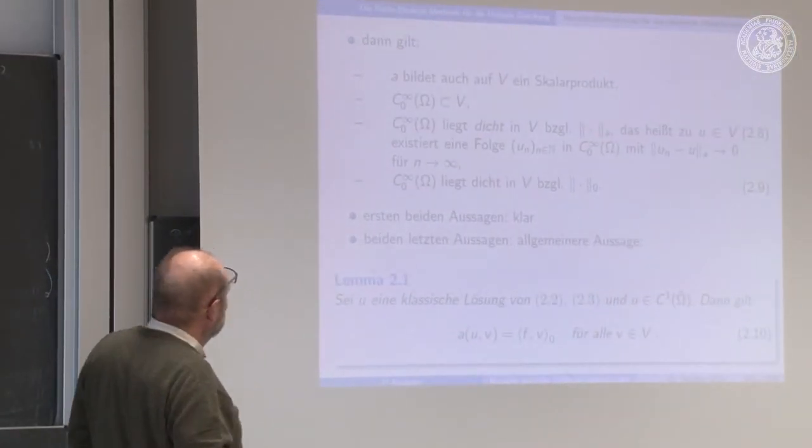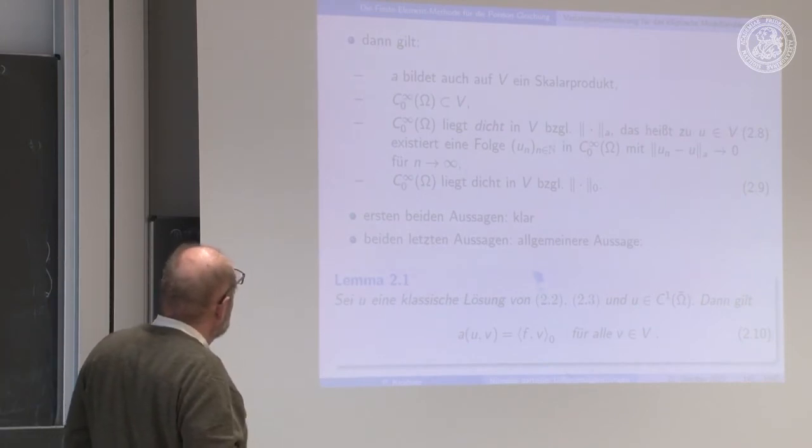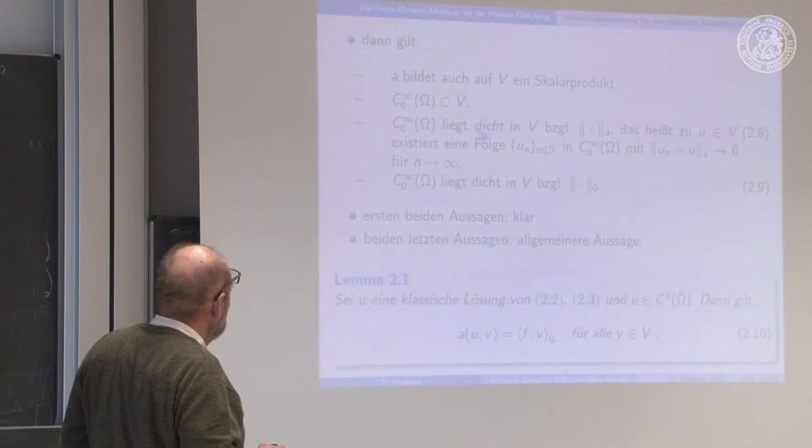So what do we have now? We have this A defined on this space V, and we have the test space dense.